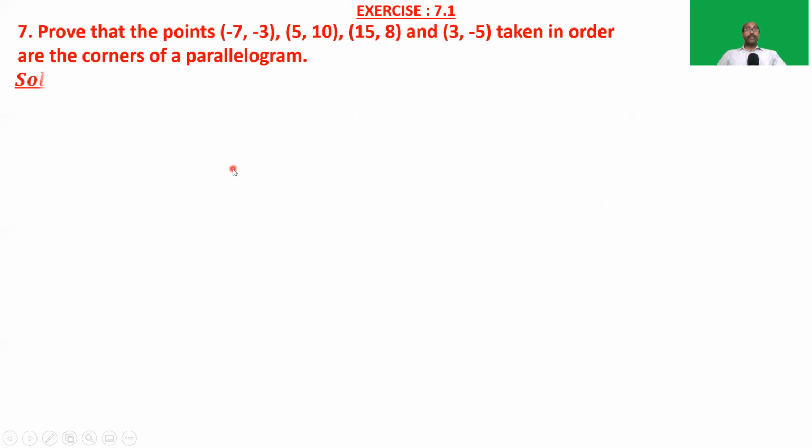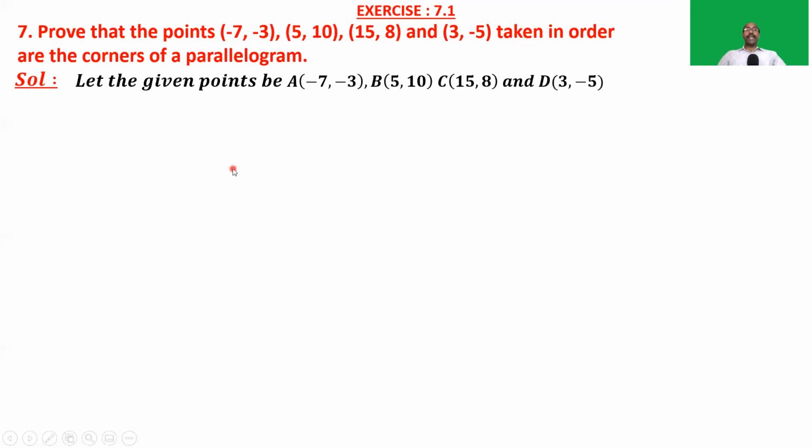So let the given points be A, B, C, and D. To show that ABCD is a parallelogram, we have to show that opposite sides are equal. That is, AB = CD and AD = BC.